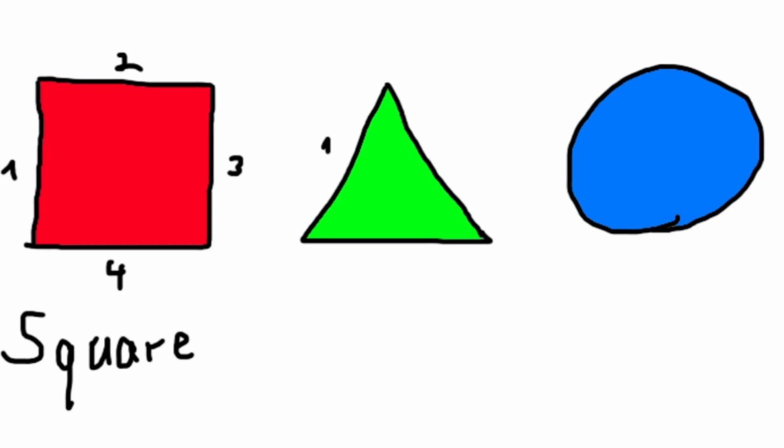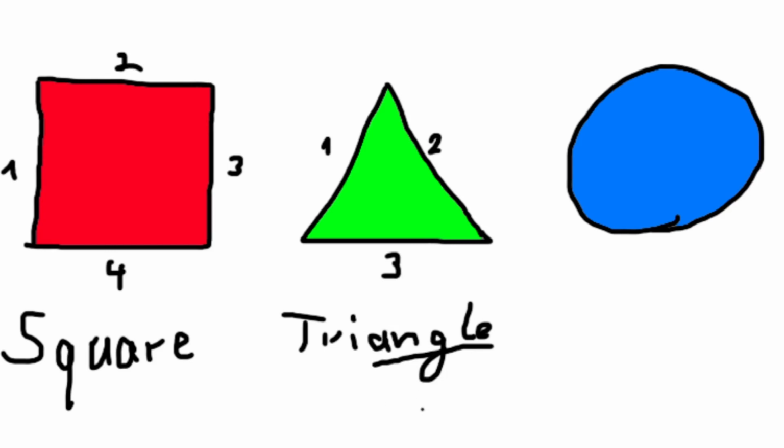Well, let's just get counting again. 1, 2, 3. That's 3 sides. How is this shape called? That's right, a triangle. Why a triangle? You see, an angle is something that is a bit more complicated.